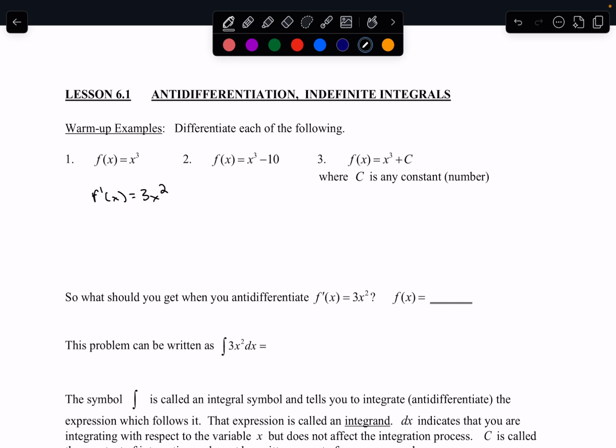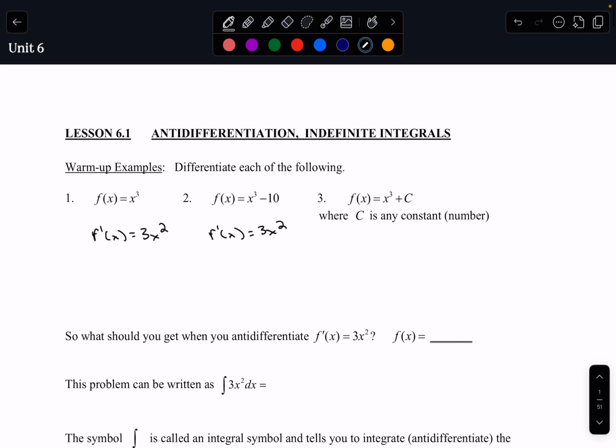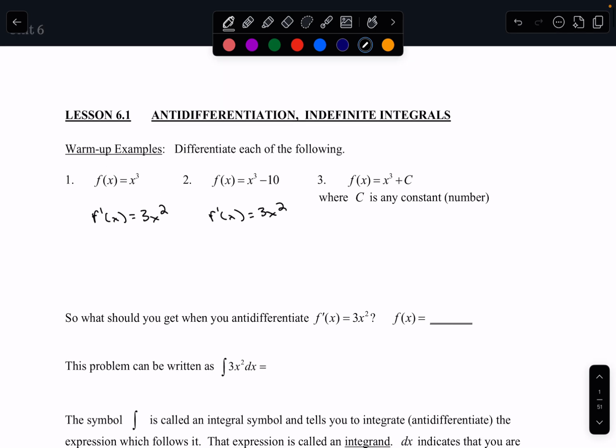Number 2 is similar, except it has a minus 10 at the end. But when I take the derivative, f prime of x equals 3x squared, that minus 10 just goes to 0. Number 3, any constant, f of x equals x cubed plus c, is going to end up becoming f prime of x equals 3x squared when I take the derivative.